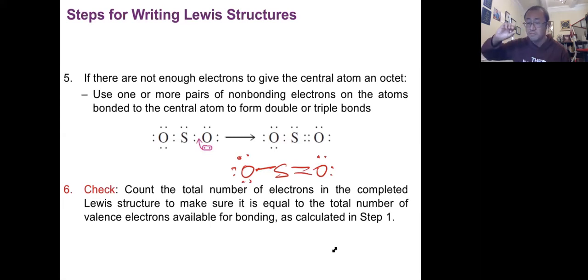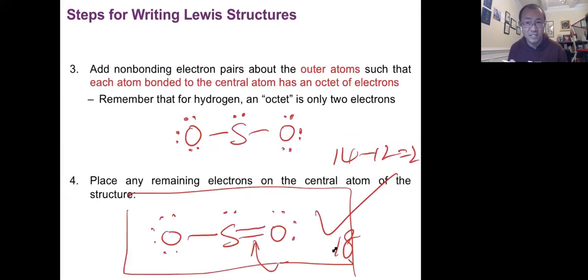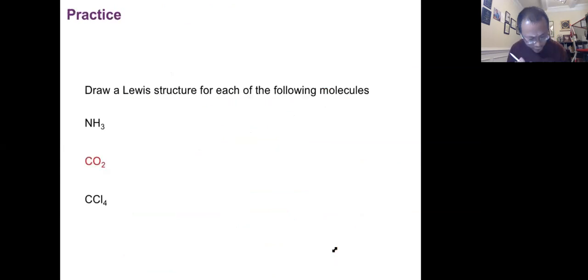Simply borrow from non-bonding to bonding. These are the steps. Again, guys, if you follow all the steps, step by step, you will never get it wrong. But if you jump around, you cannot get a correct Lewis structure. Do not have your own way. This is the way until you get very comfortable. This is the way. Okay?